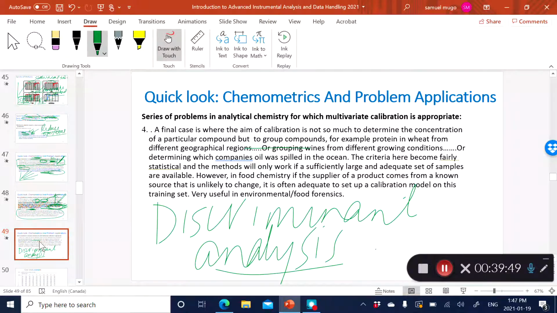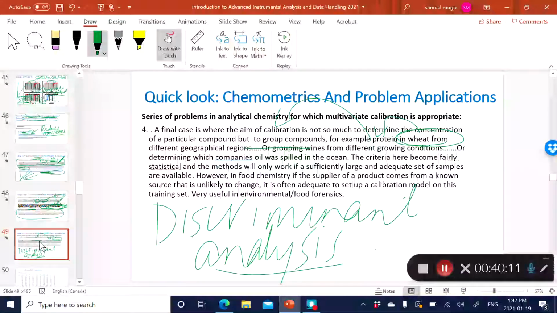I'll give you an example. Say I'm trying to analyze whether wheat grown in Saskatchewan has got the same protein content as wheat that is grown, say, in Alberta, compared to wheat that is grown in another tropical destination.